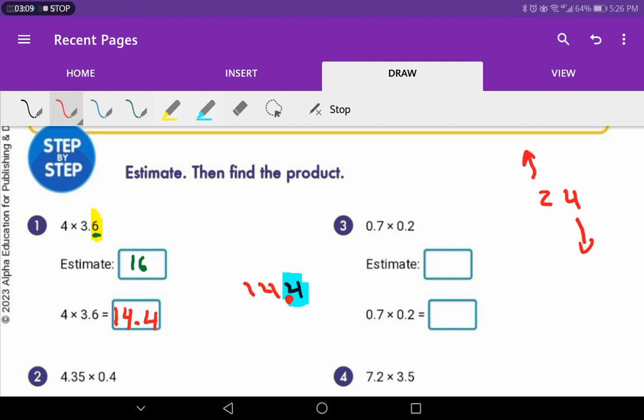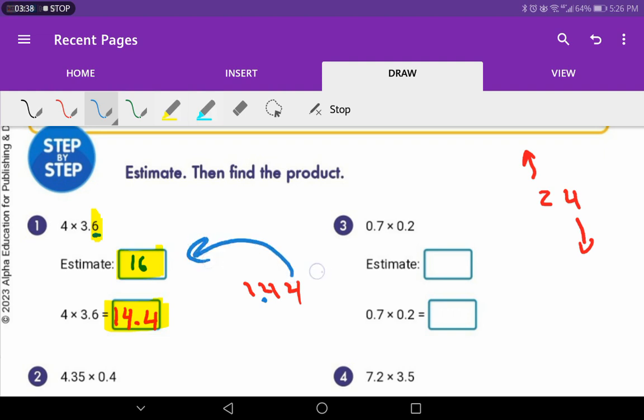and 4 tenths. Now look at the estimation. Your estimation here is 16 and here it is 14 and 4 tenths. Does this make sense for you? Yes. Okay, because if you put the decimal point here, for example, your answer will be 1 and 44, and it is far away from the estimation.